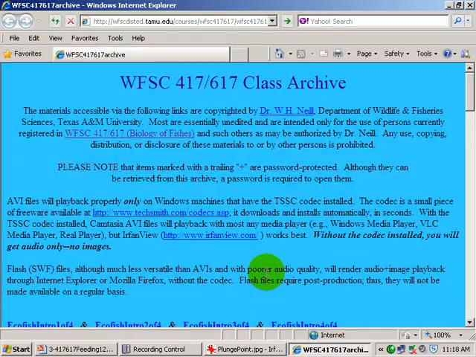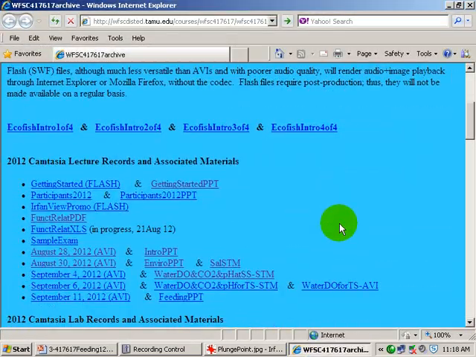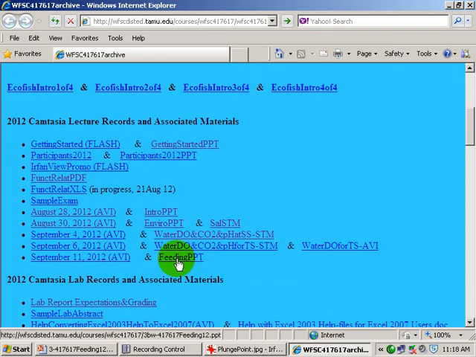I want to go to the archive and show you where it is. It's right here opposite September 6th, which was the recording. And by the way, I played that back and found so many misstatements, saying up when I meant down and things like that, that I redid it.